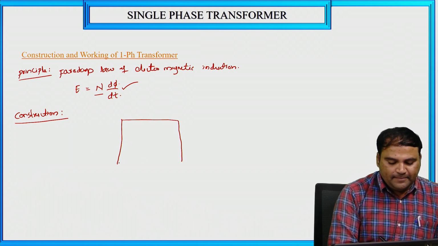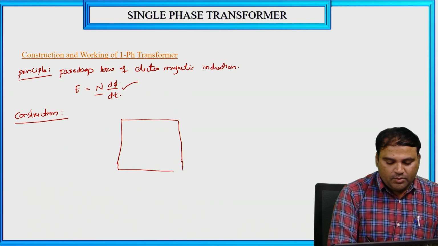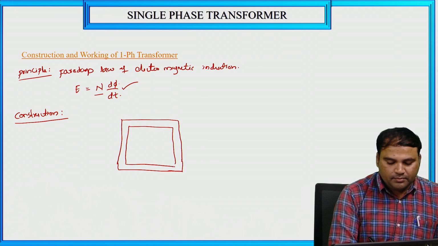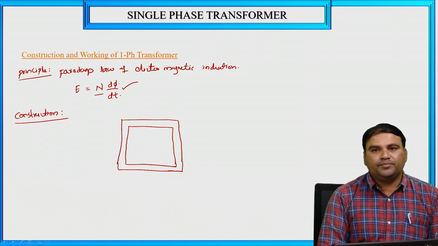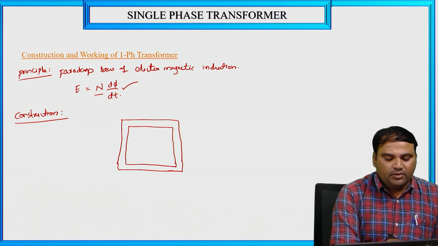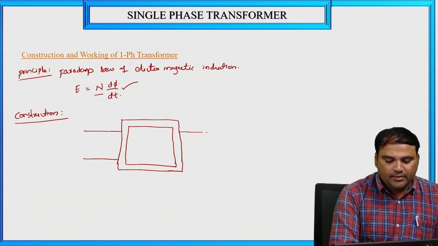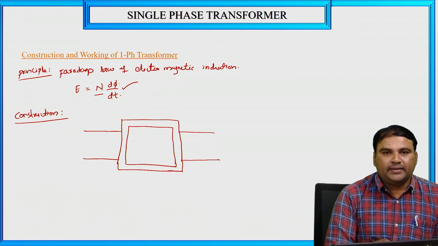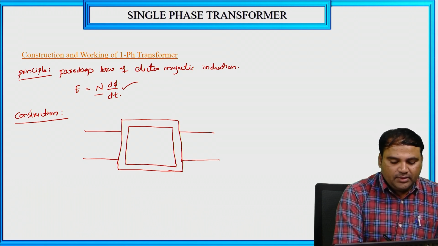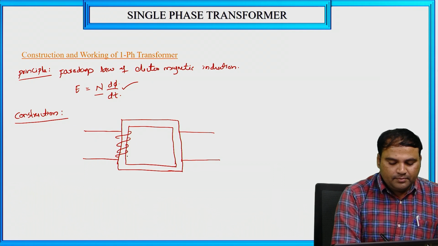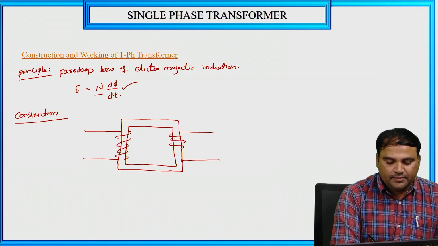This is the core. For this core, we have the primary winding and the secondary winding. This is the primary winding and this is the secondary winding.